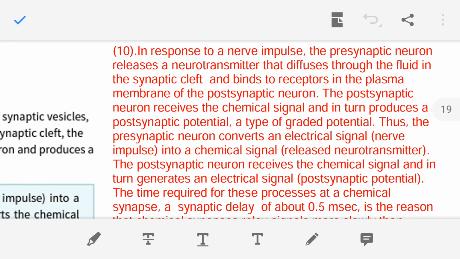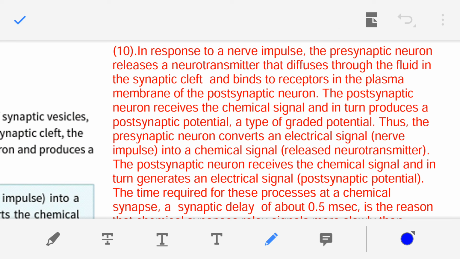This neurotransmitter released by the presynaptic neuron diffuses through the interstitial fluid present in the synaptic cleft, and then binds to the receptor. These receptors are present in the plasma membrane of the postsynaptic neuron.